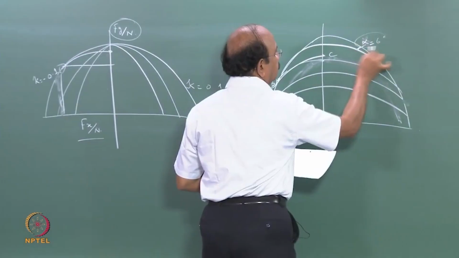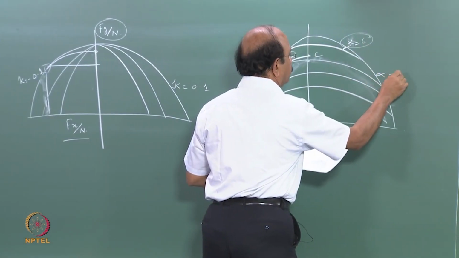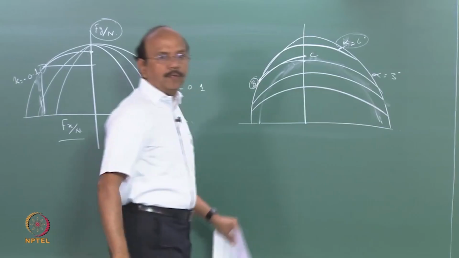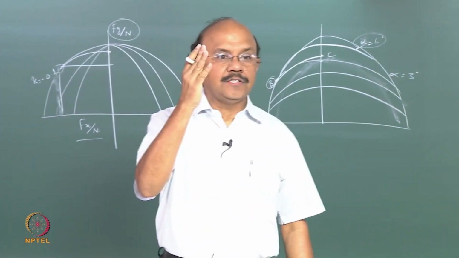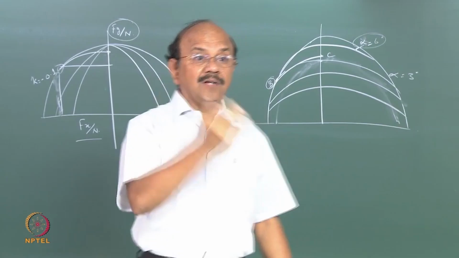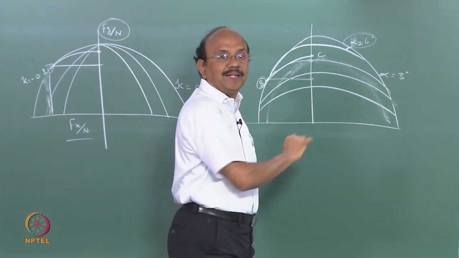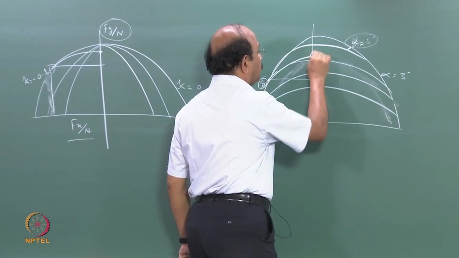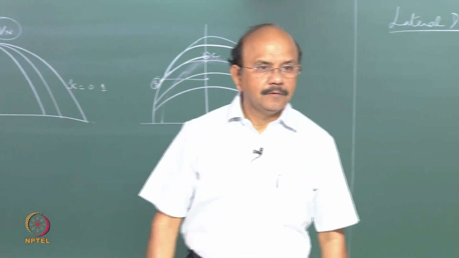So because look at these curves, how they are. This is the lateral force curve. Maybe this is equal to alpha is equal to 3 degrees and so on, right? So you are shifting now to the y-axis. In other words, the y-axis force which was this much has suddenly increased from this point to that point, right?